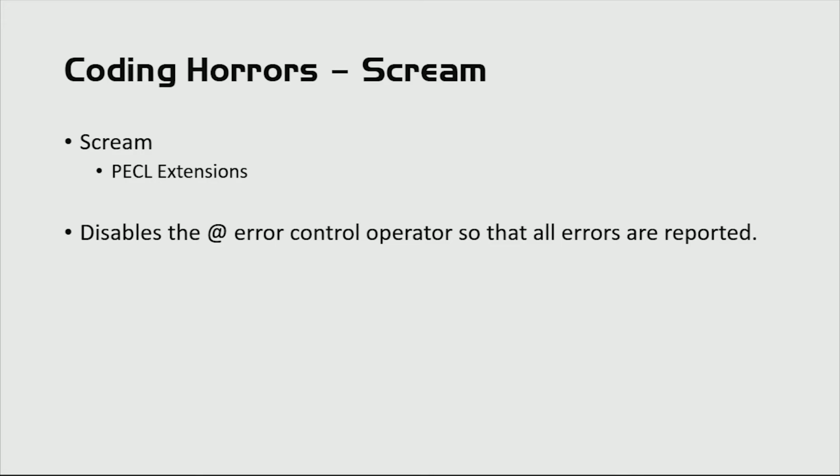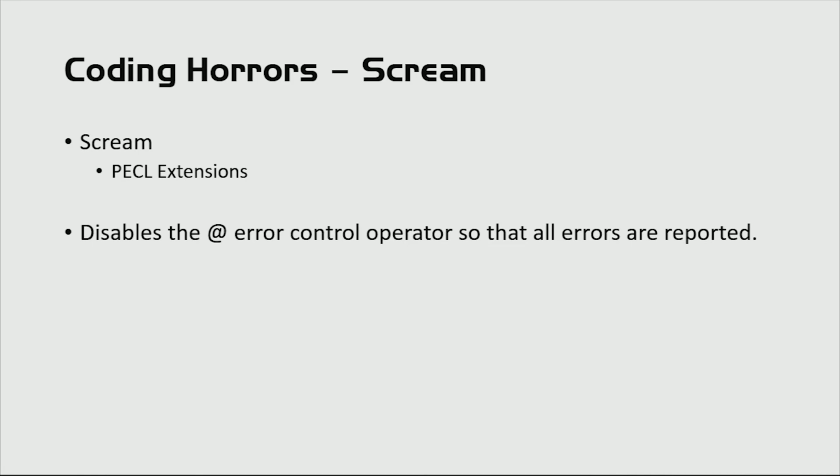And why Scream? Actually, the connection with Scream is a certain extension that's actually quite useful for identifying where you are suppressing errors in your code. If you're using the Scream extension, it suppresses the @ operator.